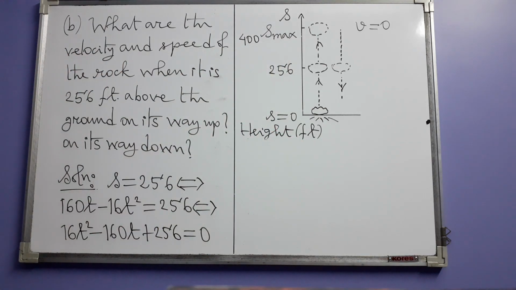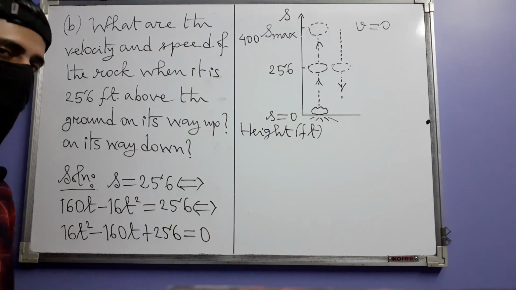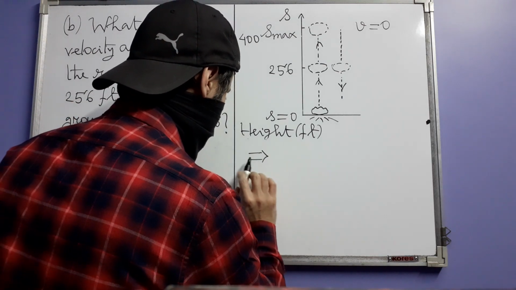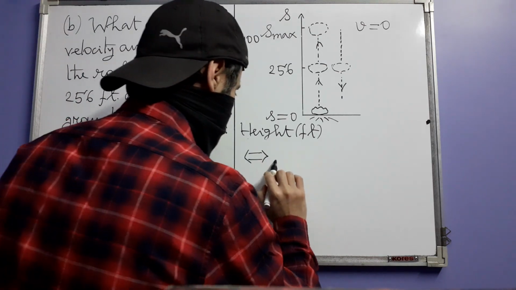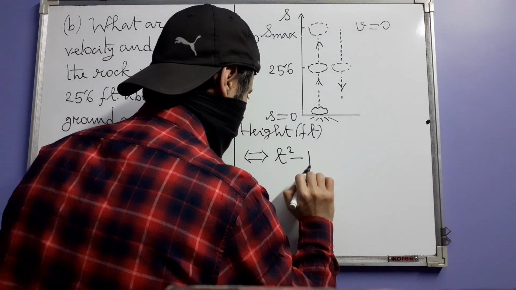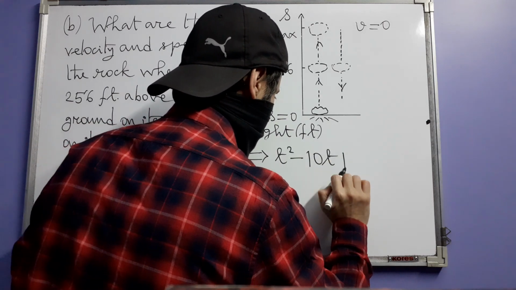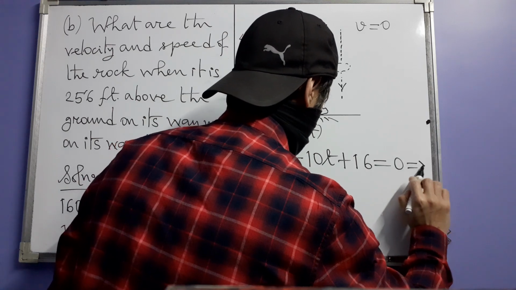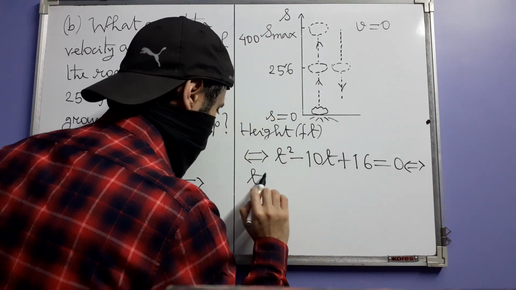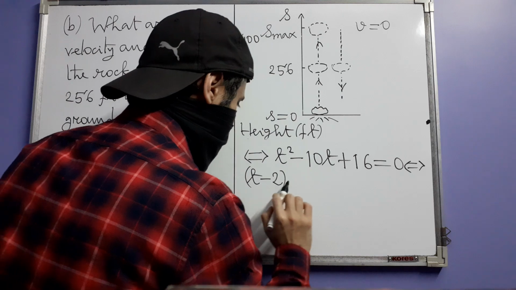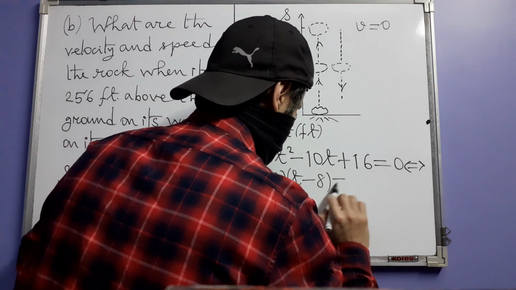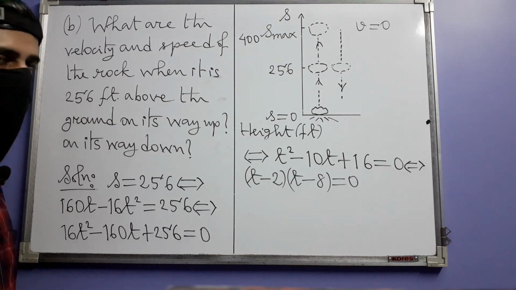Now luckily all these coefficients are divisible by 16. If you do the division, the equation simplifies to this: t square minus 10t plus 16 equal to 0, which is just t minus 2 times t minus 8 equal to 0.